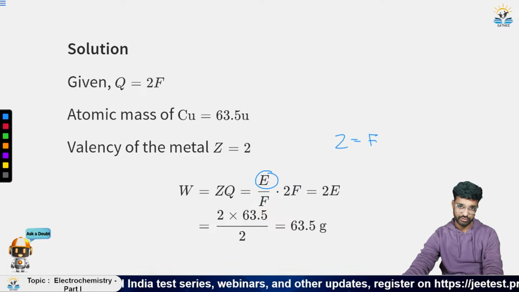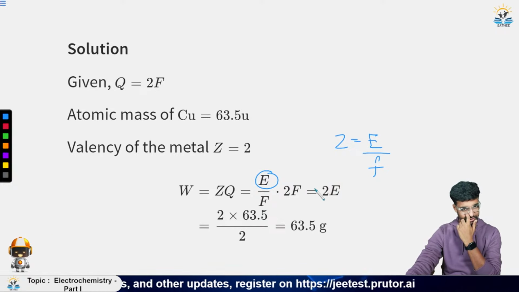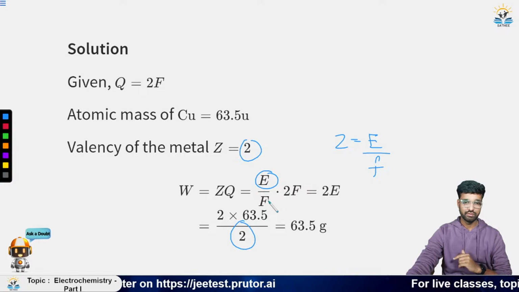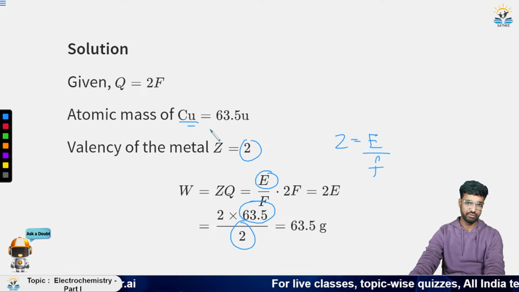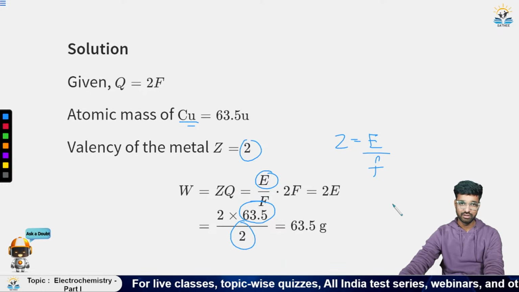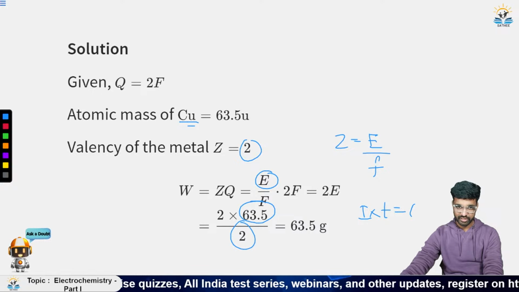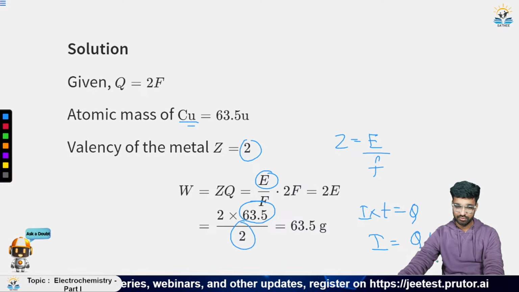Z is equal to E by F. So what we are doing basically here is dividing the molar mass of Cu by the n factor, which is 2 here, and then using the formula Z into I into T. We are replacing I into T by Q, so do not get confused, because current is nothing but charge flown per unit time.